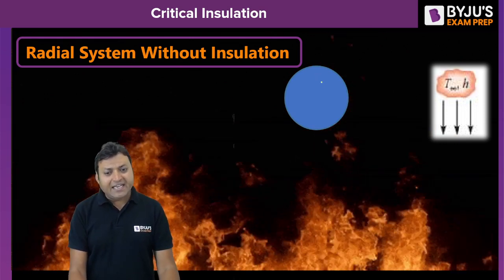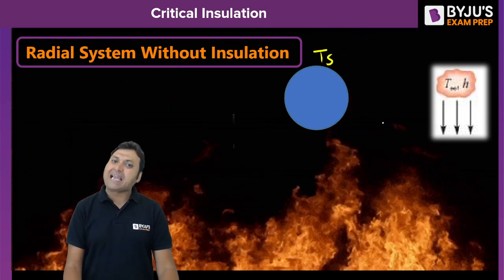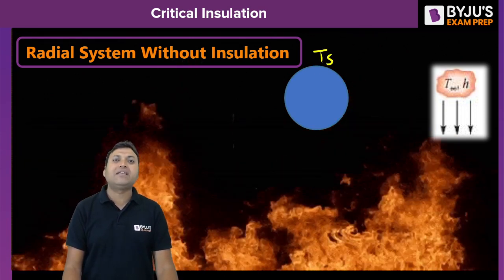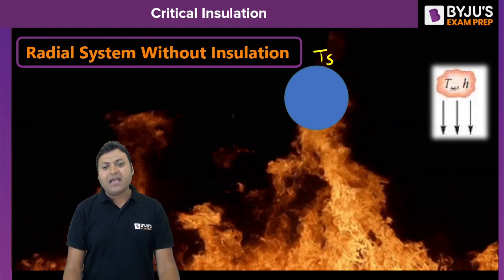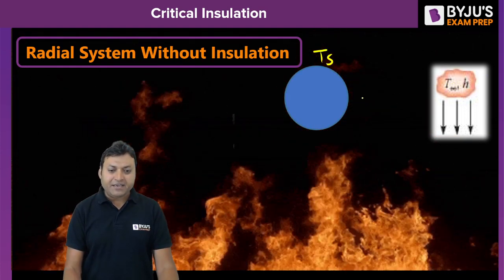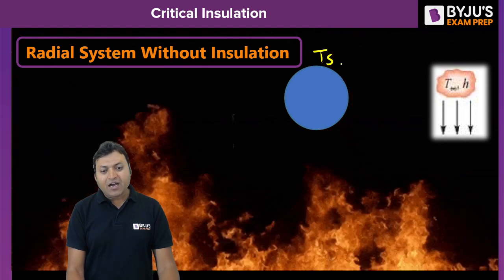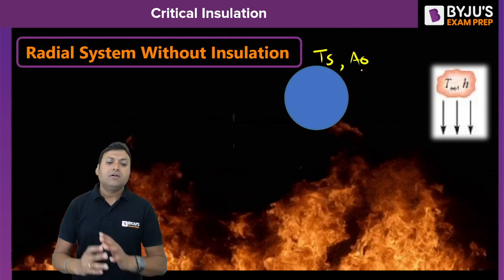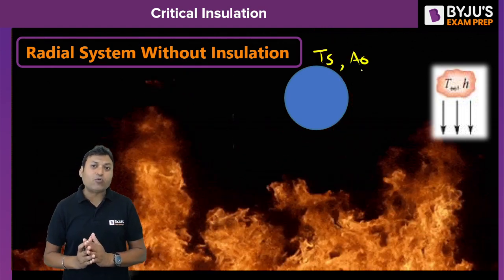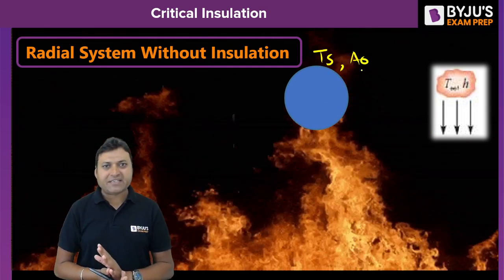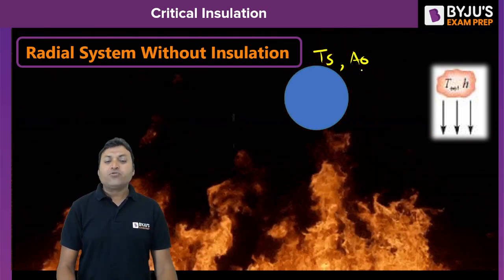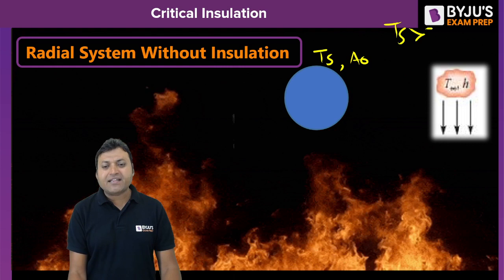So there is a radial system. The surface temperature is again Ts. It is in contact with the outside fluid having a temperature T infinity, and the area of the radial system without insulation is A naught, the outer surface area which is in contact with the fluid. So there will be convection if Ts is greater than T infinity.